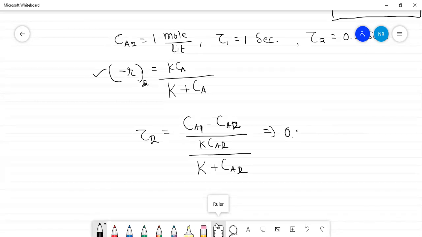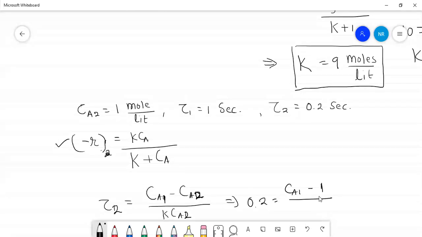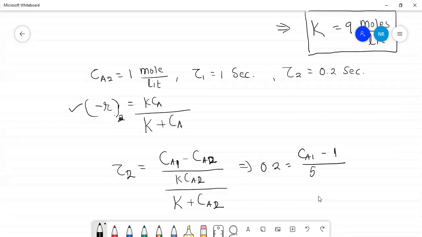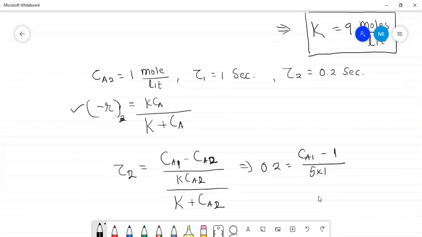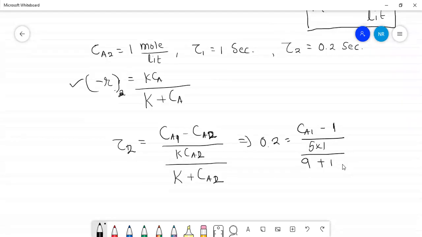Ca1 we don't have, but Ca2 we have, it's 1. What is the value of small k? It's 5, so 5 multiplied by 1 divided by capital K, which is 9, plus 1. So if we do this procedure, we have 0.2 is equal to Ca1 minus 1 divided by 10 multiplied by 5.